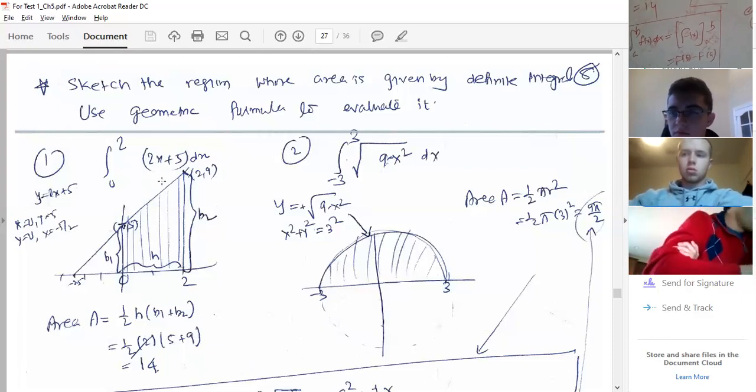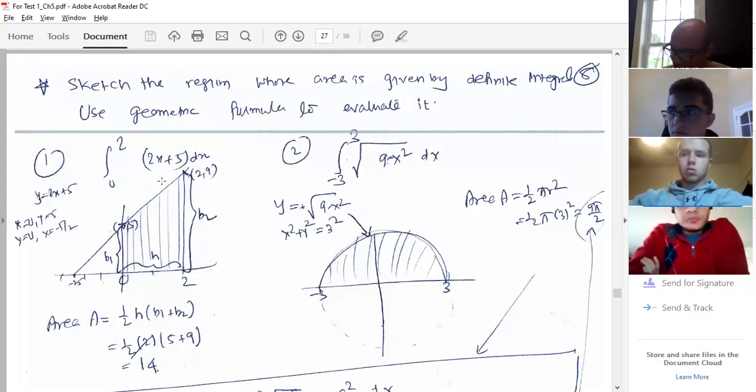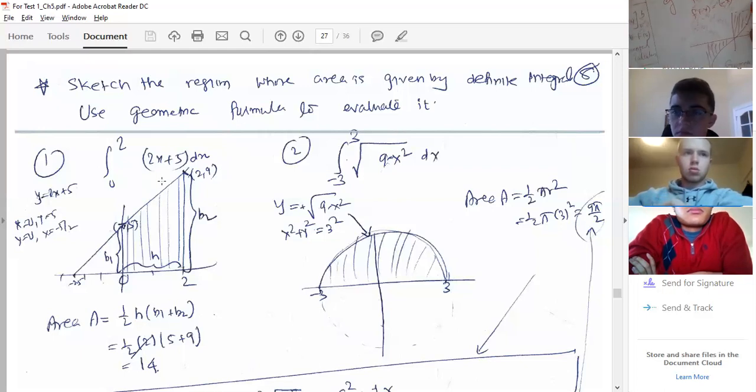Upper limit minus lower limit. That is called the second fundamental theorem of calculus.